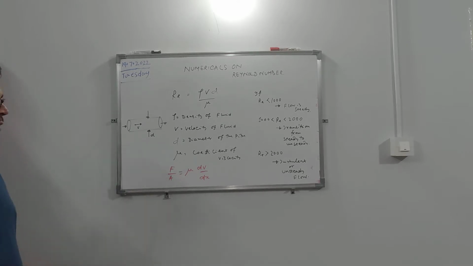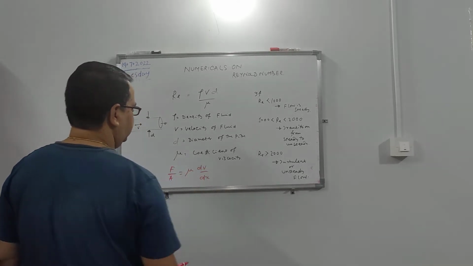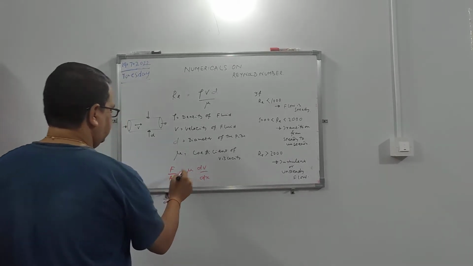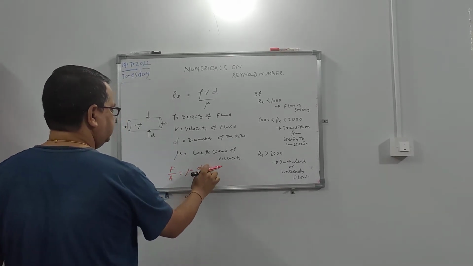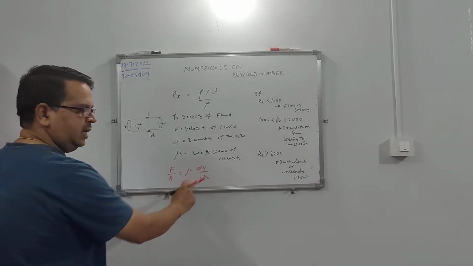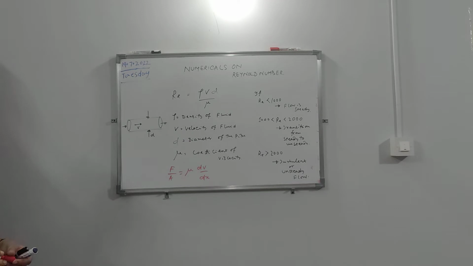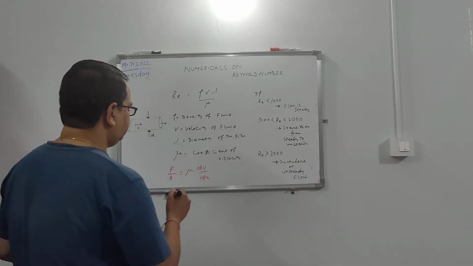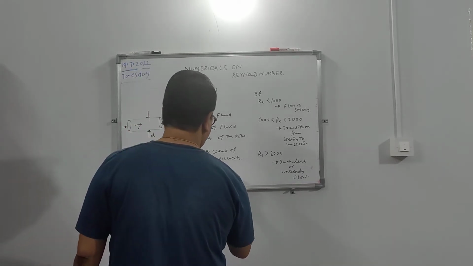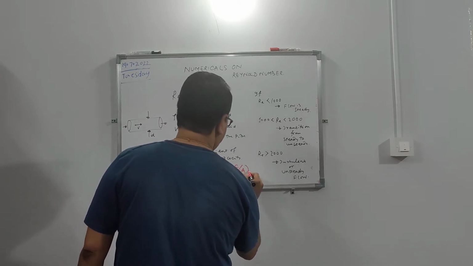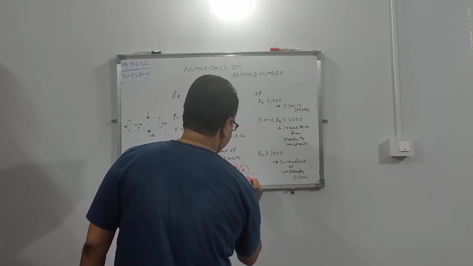So the coefficient of viscosity is F by A divided by dV by dx.